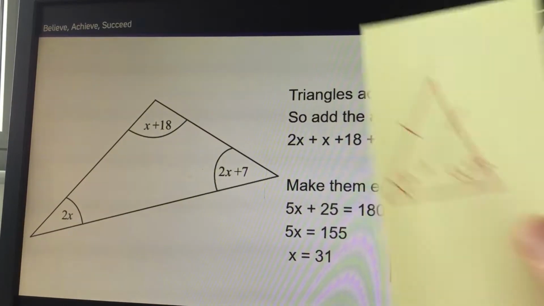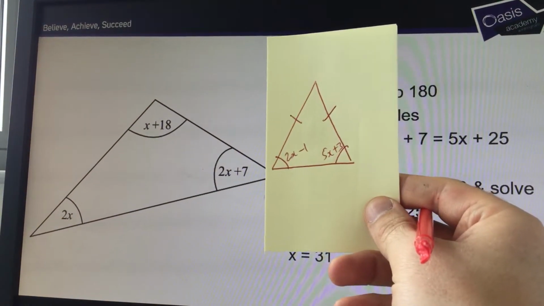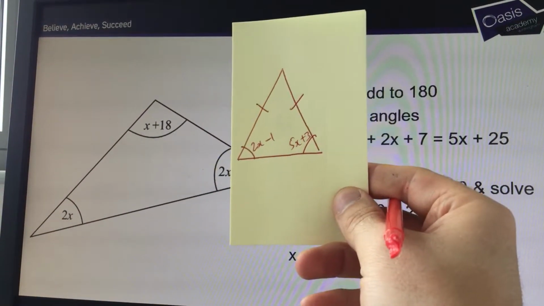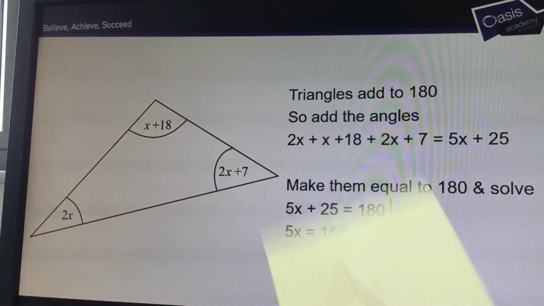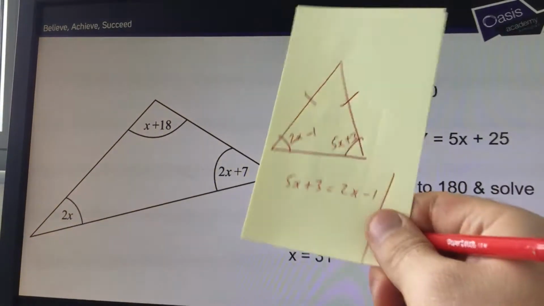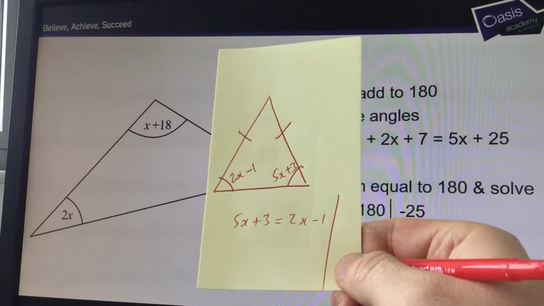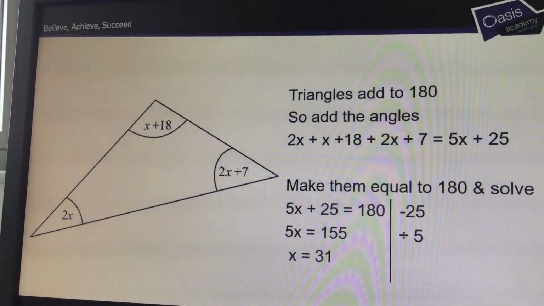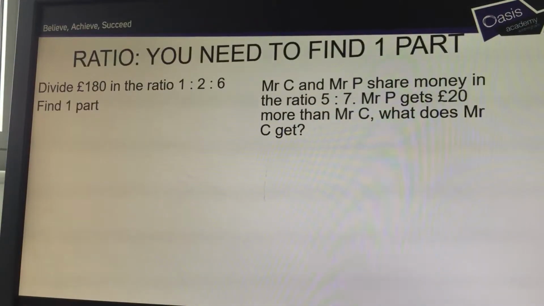It may say something like this and say find the top angle. Well, we know the base angles are equal, so we could make these two equal to each other, like I am, and solve that. So it just really depends on what you're presented with these ones. So use your basic maths knowledge to apply it into solving equations.